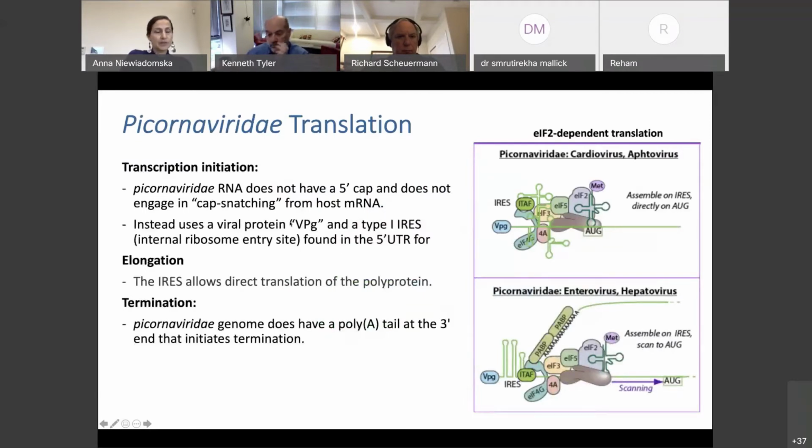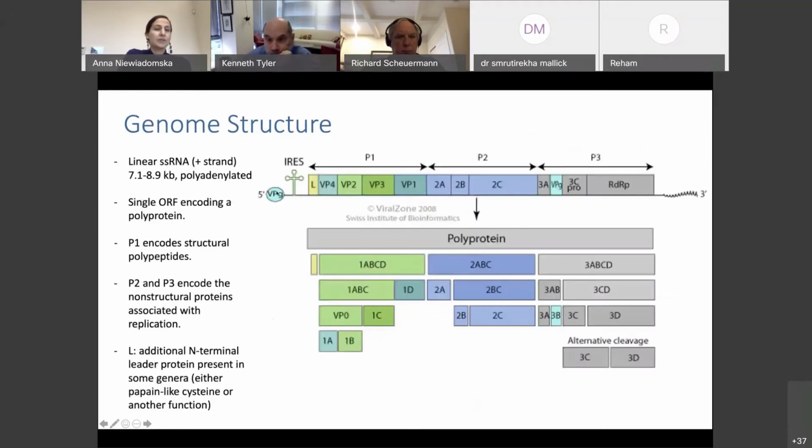So one thing I didn't mention is that one of the special things in Picornaviridae is that they contain this protein, VPg, which is translated from the P3 region. And together, along with this RNA structure in the 5' UTR region, they initiate translation of the polyprotein because it acts as a 5' cap.